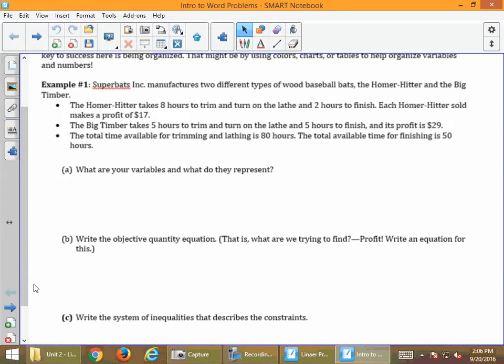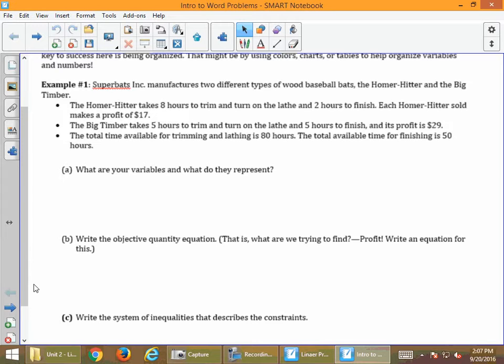Each Homer Hitter sold makes a profit of $17. The Big Timber takes 5 hours to trim and turn on the lathe and 5 hours to finish, and its profit is $29. The total time available for trimming and lathing is 80 hours. The total available time for finishing is 50 hours. Oh my gosh, that is a lot.